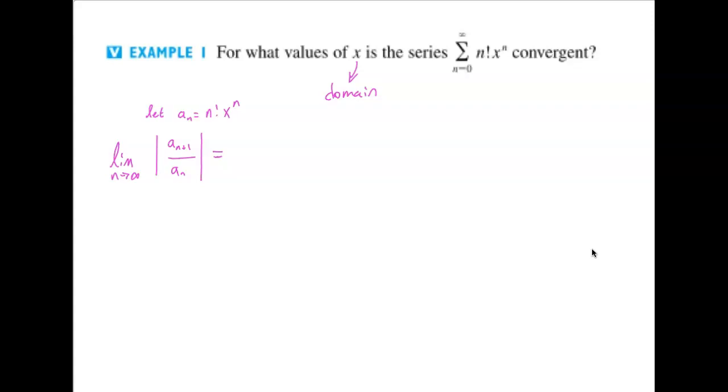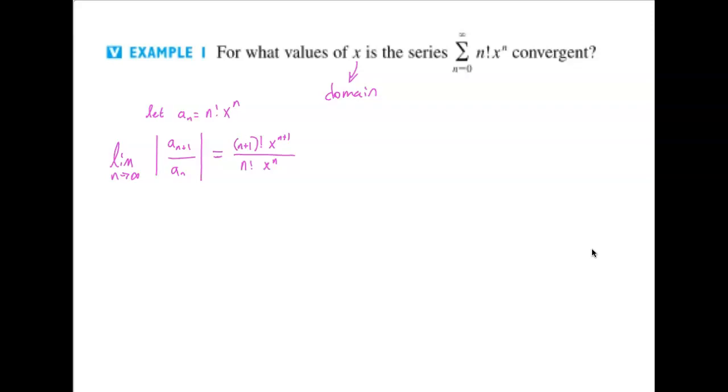So we end up with n plus 1 factorial x to the n plus 1 over n factorial x to the n. So we want to simplify this.